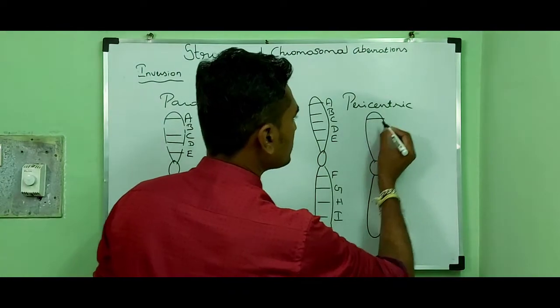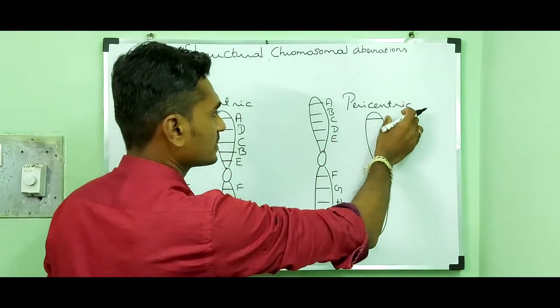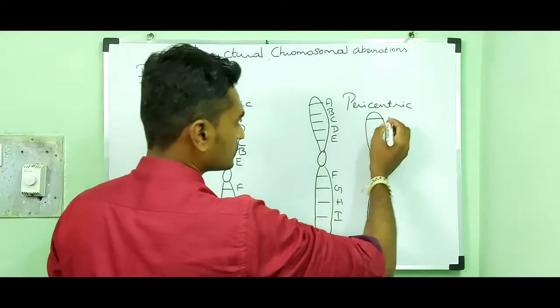So the pericentric inversion takes place and rearrangement of sequence also takes place.